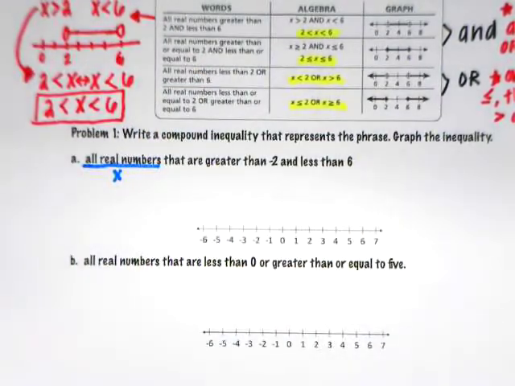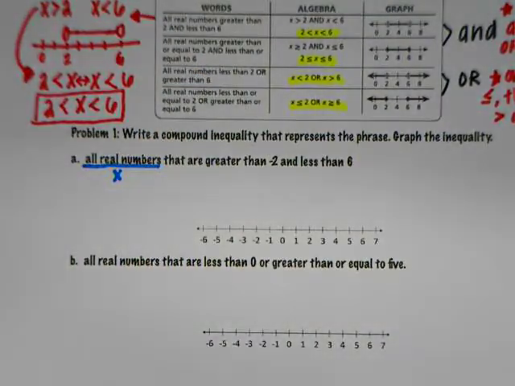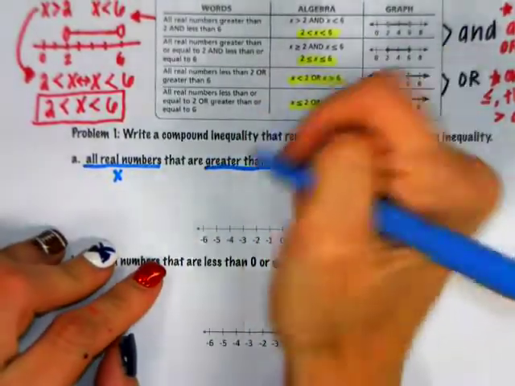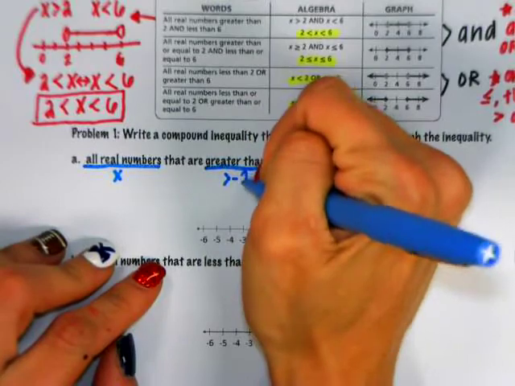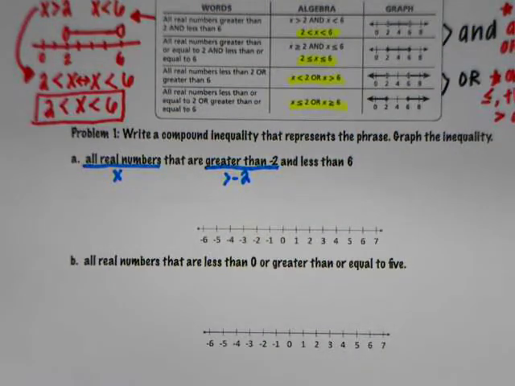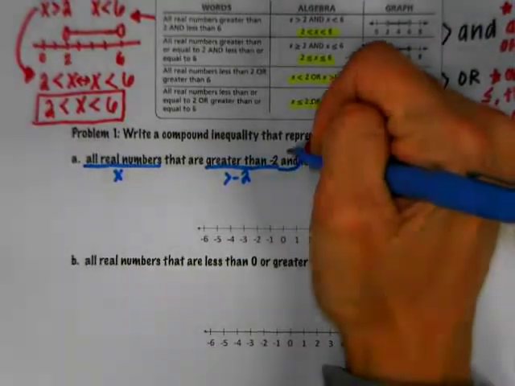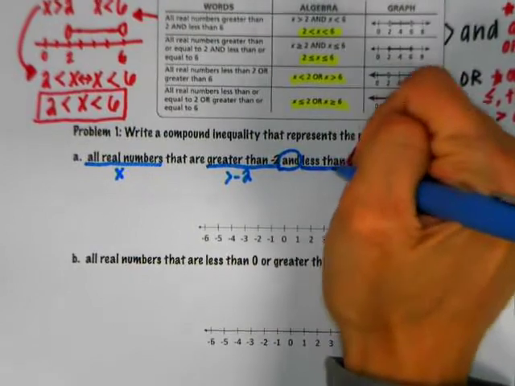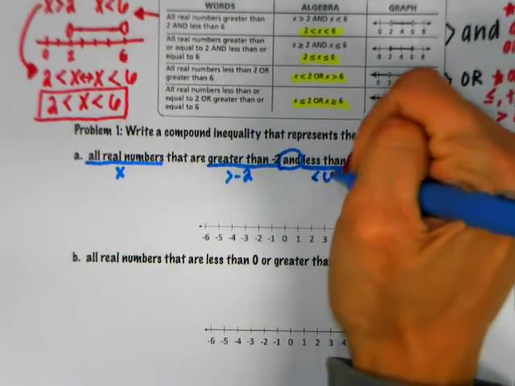All your solutions, basically, that are greater than -2. That's going to be greater than -2. And less than 6. It's going to be less than 6.